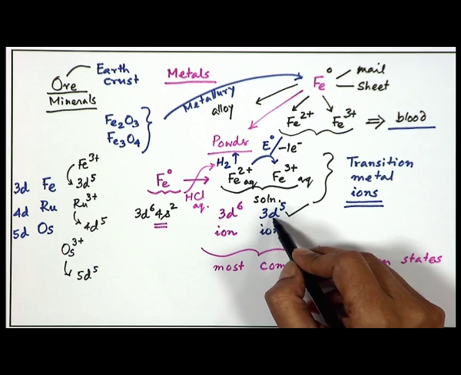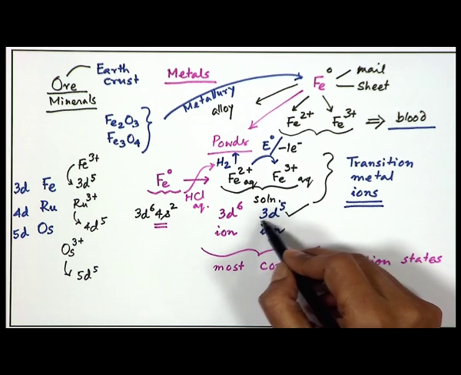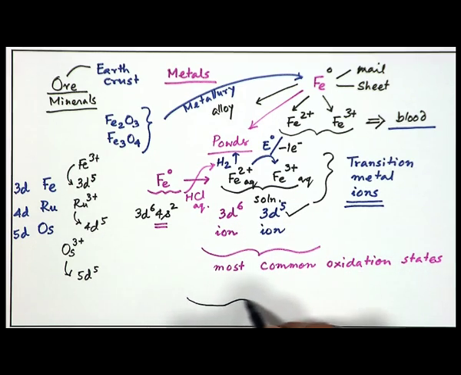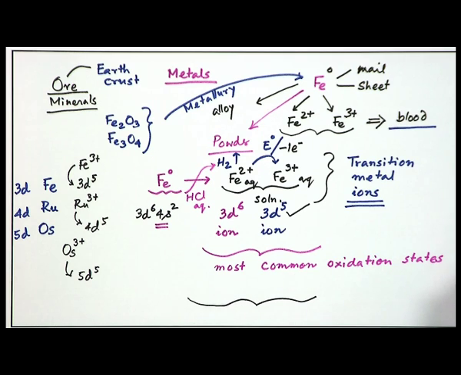That means we can take out one more electron from this level, giving 3d4 or 3d3. Those oxidation states we can get will be termed unusual or uncommon oxidation states.